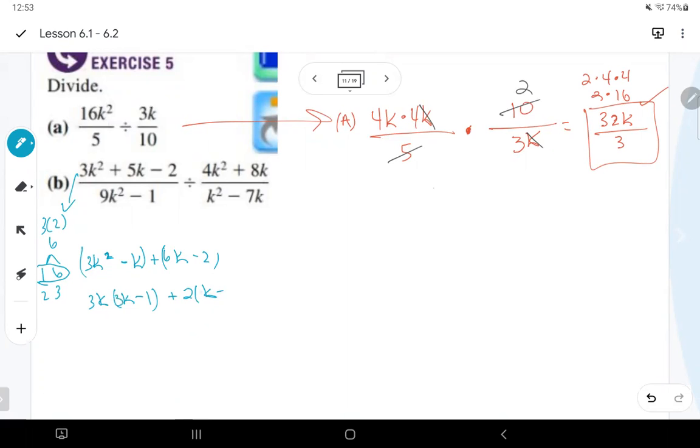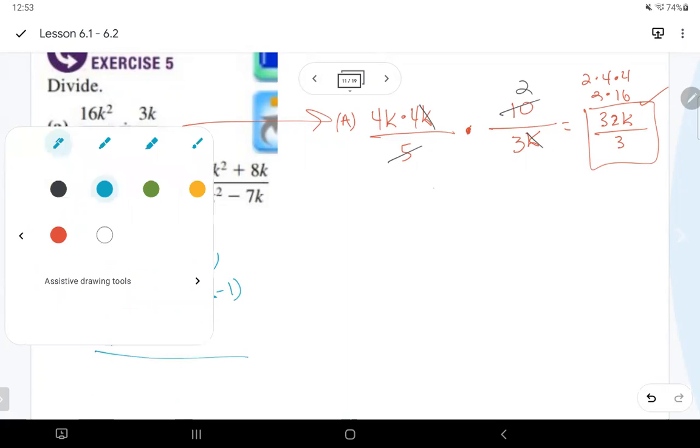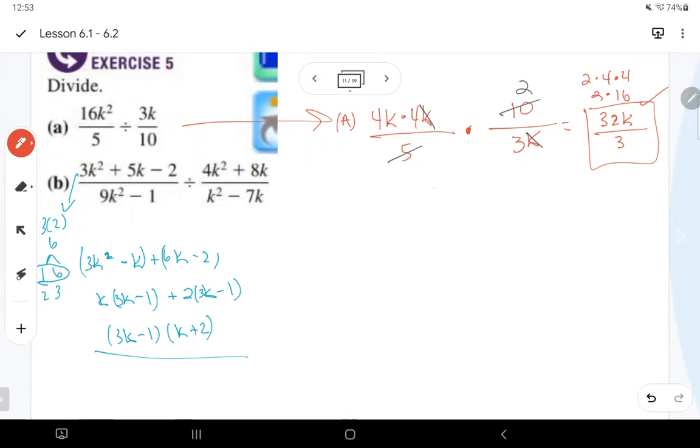3k. Okay. So then we end up with 3k minus 1 on top, k plus 2. And then for the next one, this is a difference of squares again.